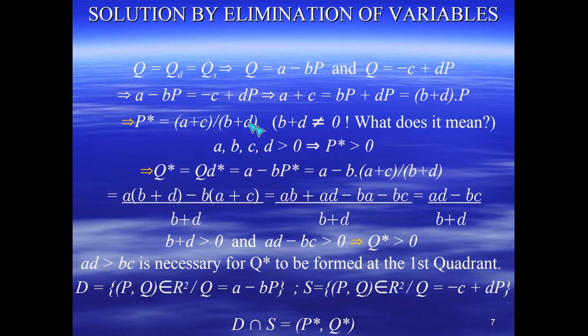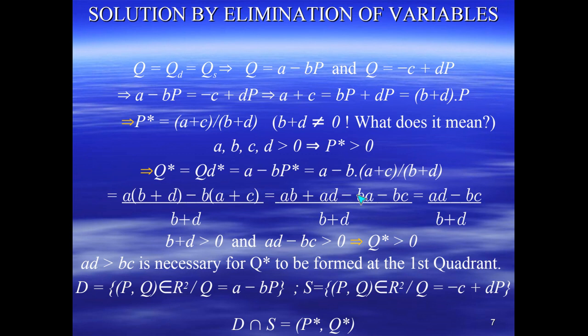What is P star? A plus C over B plus D. So what we obtain is A minus B times A plus C over B plus D. And when we put these in the same denominator, B plus D, we obtain A times B plus D minus B times A plus C over B plus D. When we distribute these multiplications inside parentheses and simplify, let's see, AB plus AD minus BA minus BC, and at the denominator, B plus D. You see, AB plus AD minus BA.